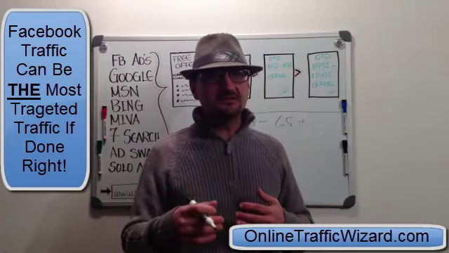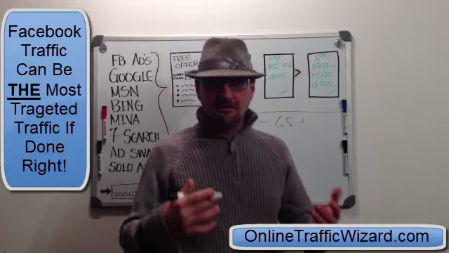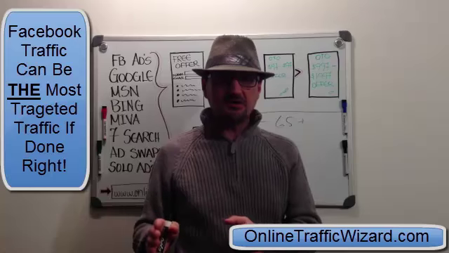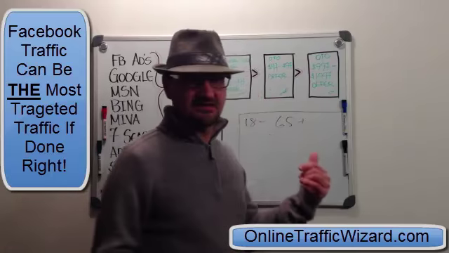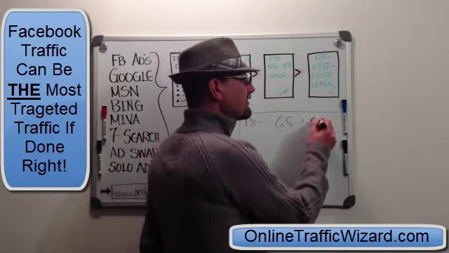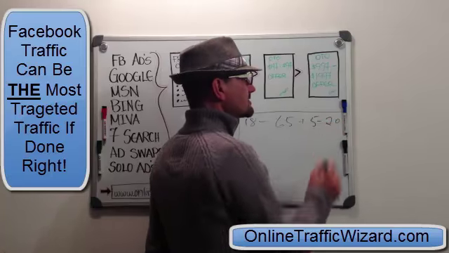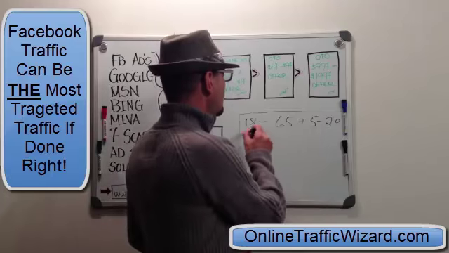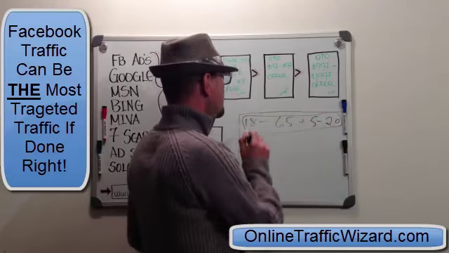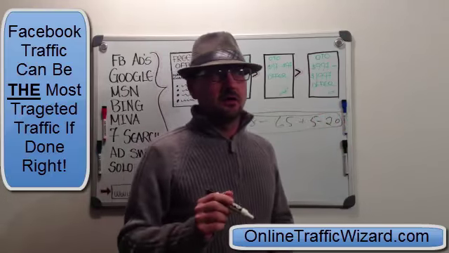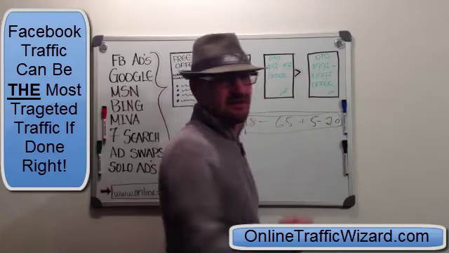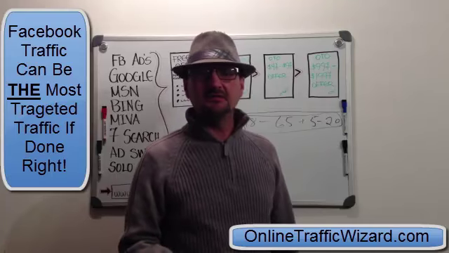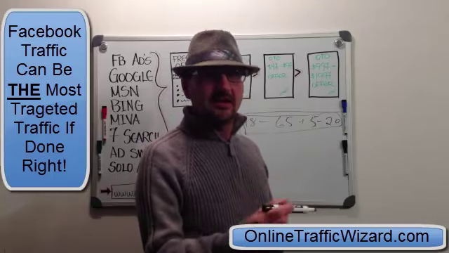So I'll research and see what seems to be the age pattern for a specific niche, but I always start with myself, and I'll go anywhere from $5 to $20 a day on this age group, and I'll very seldom go over 20. Sometimes you have to go a couple days, sometimes 3 days, and then I toss the ad.